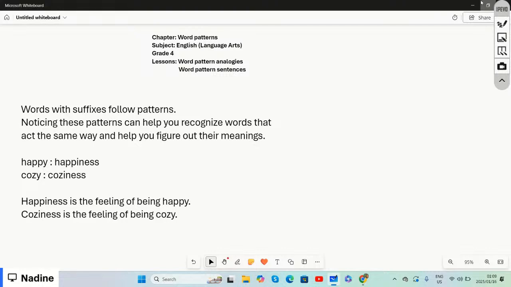If you look at the base word, our base word is happy.